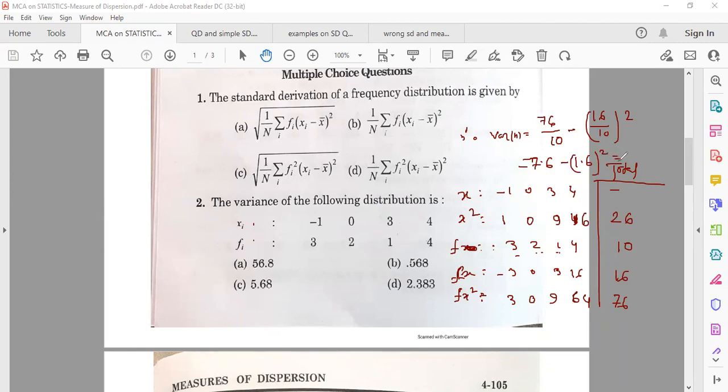So roughly the value will be this, I think. This is not true, because 7.6 minus 1.6 whole square, so 56 is not possible, 0.56 is not possible, and 2.3 is also not possible, I think. So the answer will be 5.04. Okay, that is the concept so that you can find the variance.